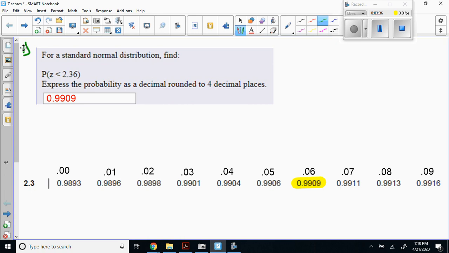And then you'll find its area, and we call the area the probability, right? Underneath the curve.